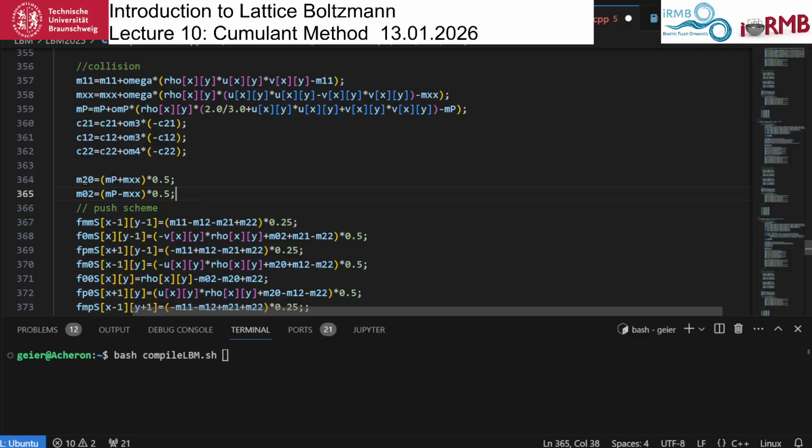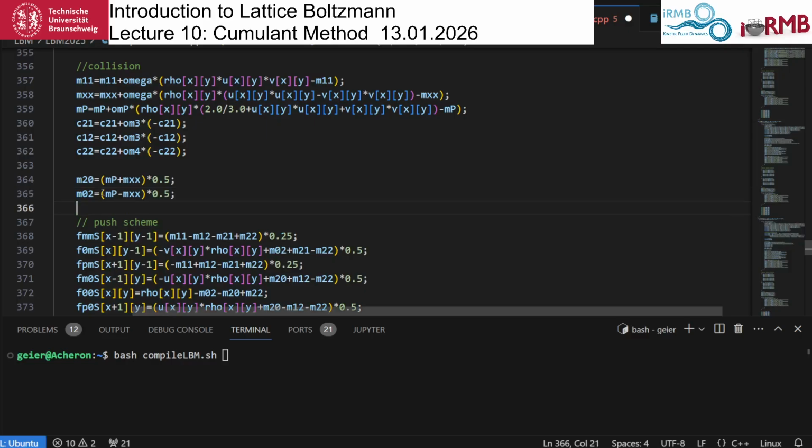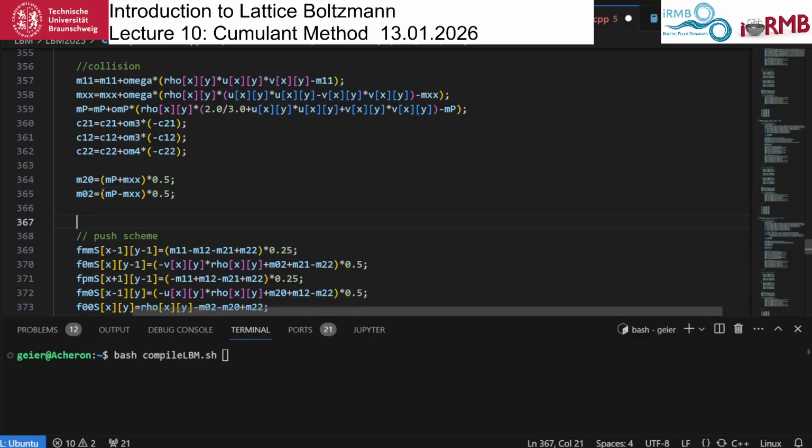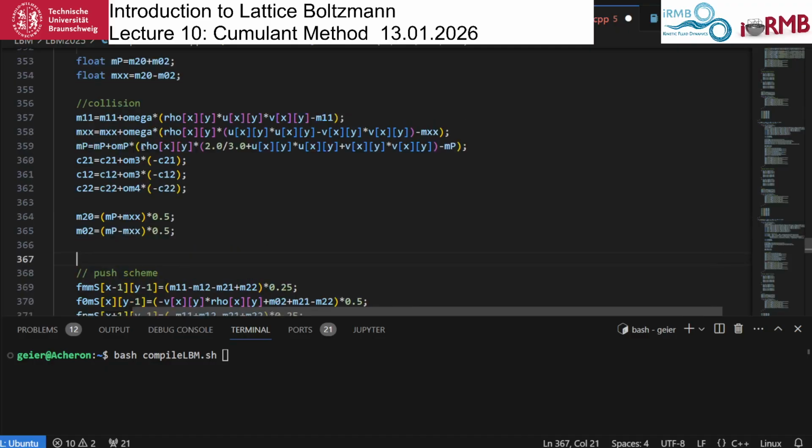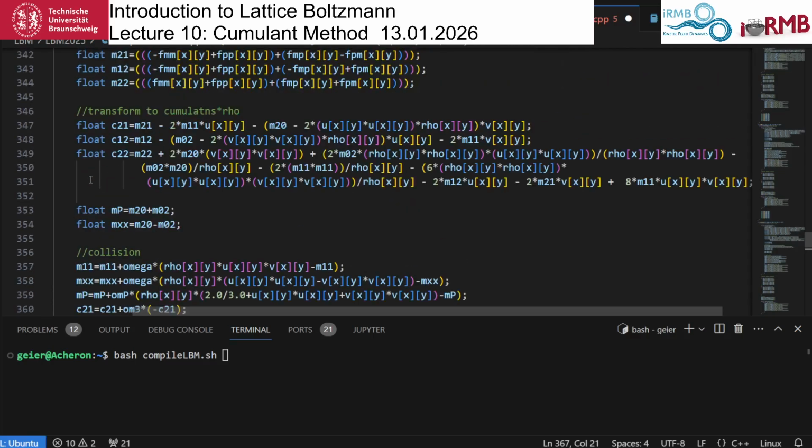And now after this, of course, we have to do the back transform from the pressure, the trace, to these actual raw moments, and now we have everything here back in updated raw moments. Yeah, so now they are post-collision states. Now what I'm missing are these three in post-collision states. So how do we get them?